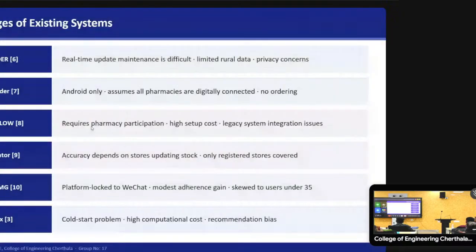Disadvantages of existing systems: their major disadvantages are no unified system, inaccurate real-time stock updates, limited platform compatibility, also high setup cost, and app switching between different services.